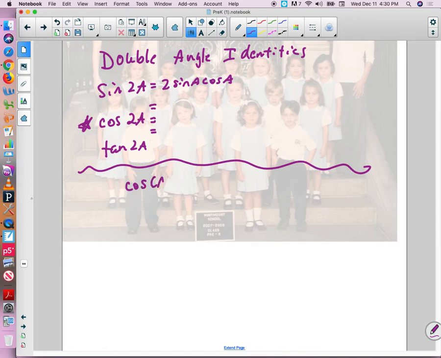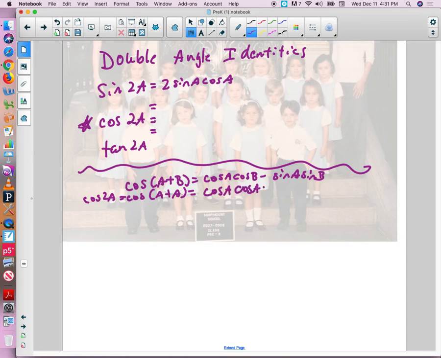For cosine A plus B, you would say cosine A cosine B minus sine A sine B. So if you have cosine A plus A, which is of course cosine 2A, that would give you cosine A cosine A minus sine A sine A, which gives you cosine squared A minus sine squared A.